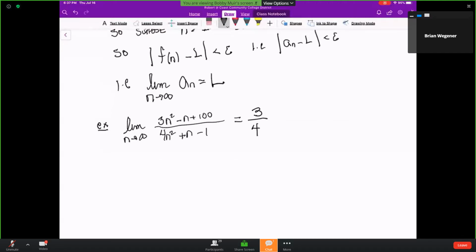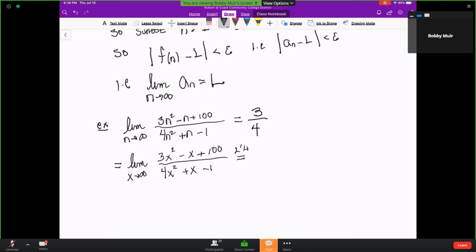Okay, now look. According to what I just proved, that's the same thing as if I did the limit as x goes to infinity of 3x squared minus x plus 100 divided by 4x squared plus x minus 1. Now that goes infinity over infinity, right?